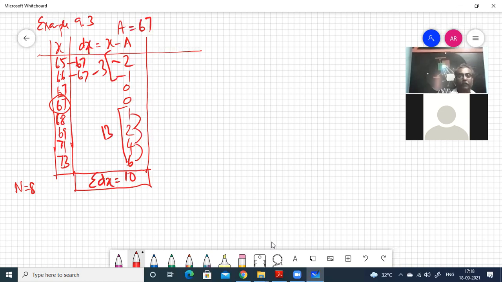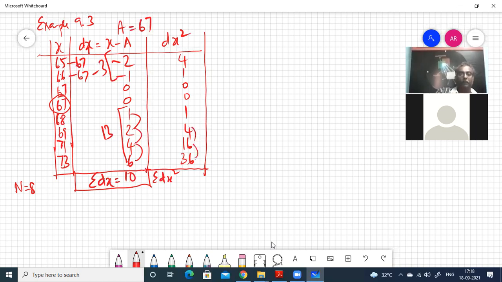Now what you have to do? d of x i squared you have to find. Minus 2 into minus 2 is 4, 1, 0, 0, 1, 4, 4 into 4 is 16, 6 into 6 is 36. Now sigma dx squared you have to find. What is this? 6 plus 6 is 12. 12 plus 4, 16, 17, 18, 19, 20, 21, 23. So got 23. 2 plus 1 is 3, 3 plus 3 is 6, 63.